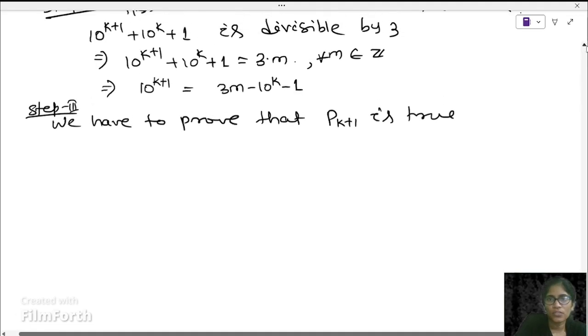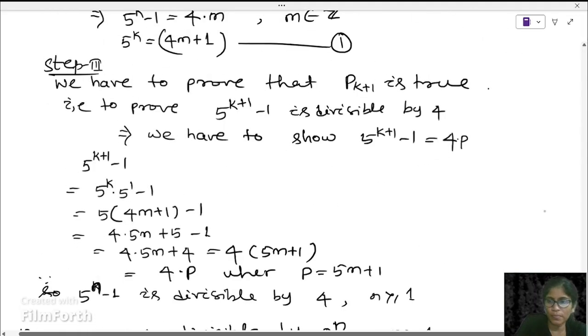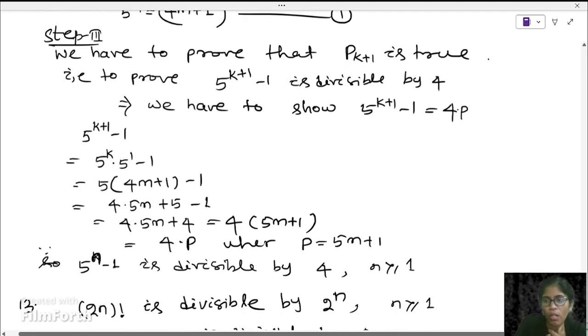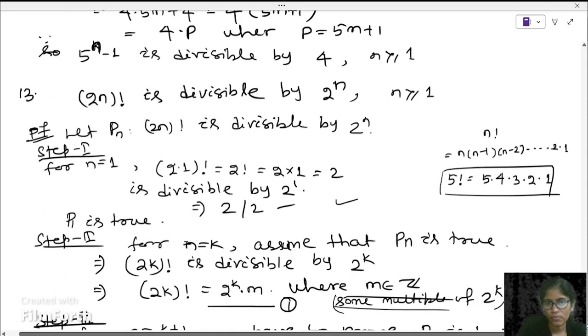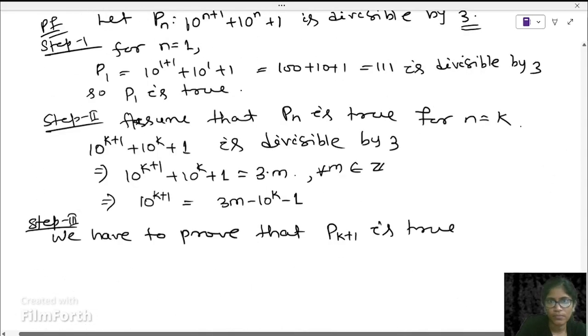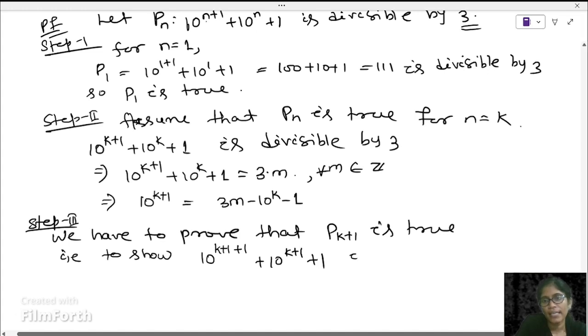That means that is to show, in place of n, we will put k plus 1: 10 to the power k plus 1 plus 1 plus 10 to the power k plus 1 plus 1 is divisible by 3.